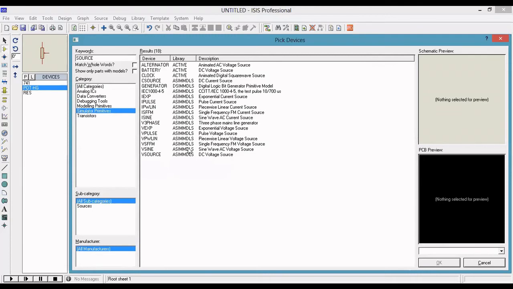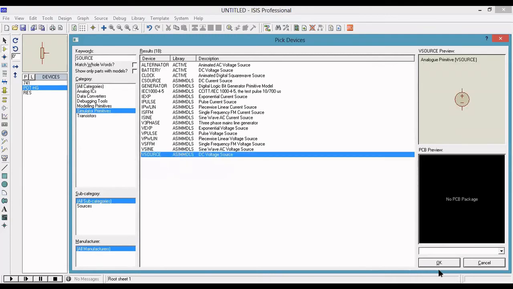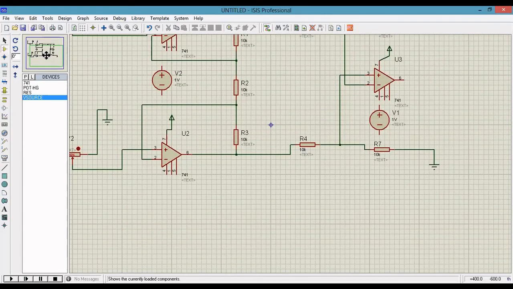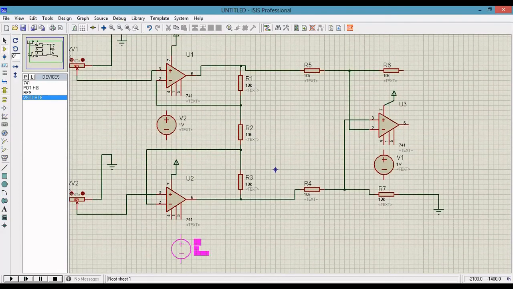Select the voltage source. Connect to pin number 4. Pin numbers 2 and 3 are inputs, 6 is output, 4 is minus V volt, and 7 is plus 5 volt.